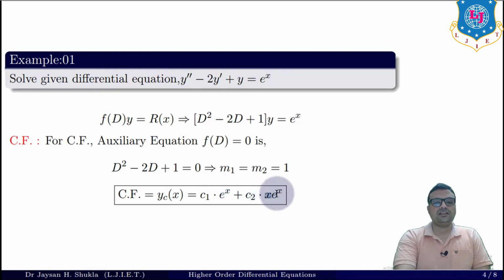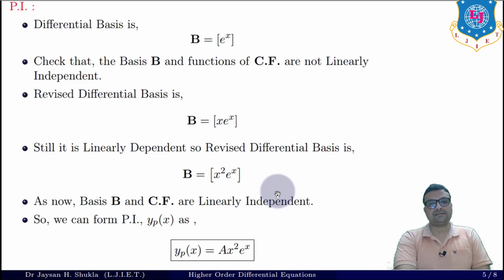That means this is the final differential basis. So we can now take this as the element of yp. So now I am generating the particular integral as a x square e raised to x.